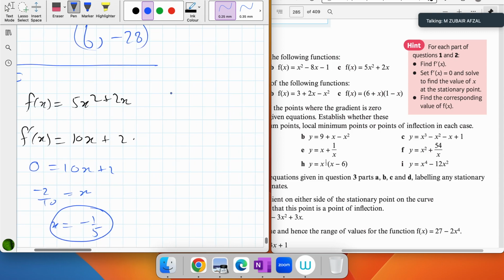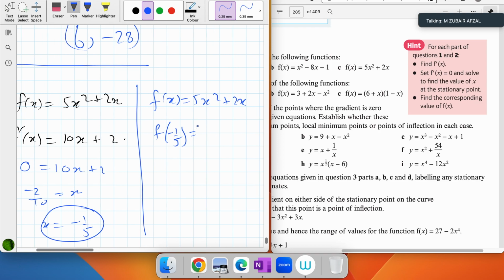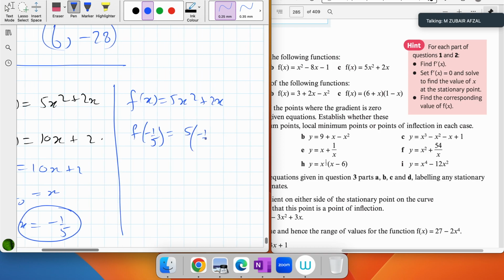For the y coordinate, we write the original equation again. F of x is equals to 5x square plus 2x, and use the value of x at the turning point. Five into 1 by 25 minus 2 by 5.